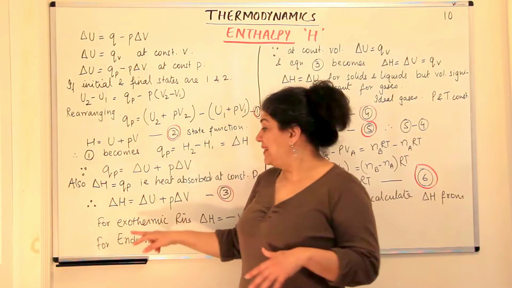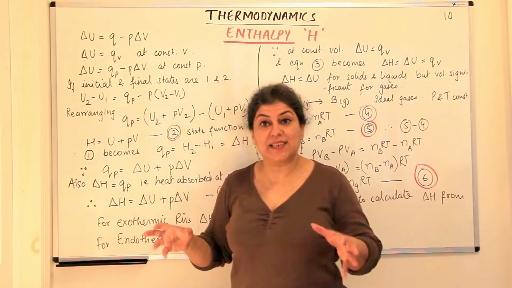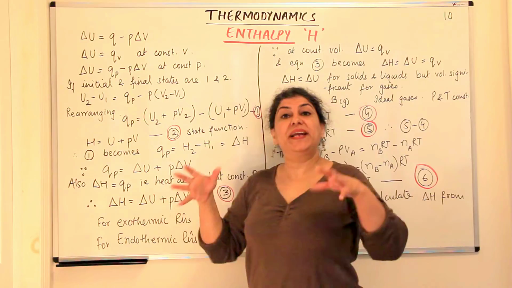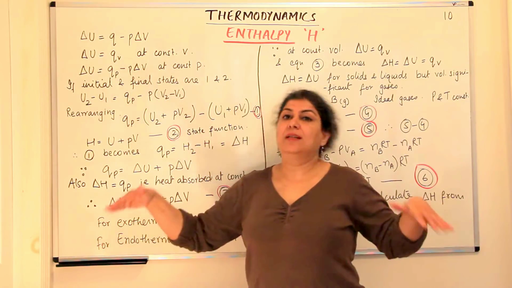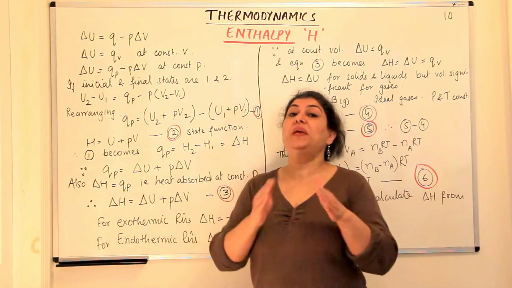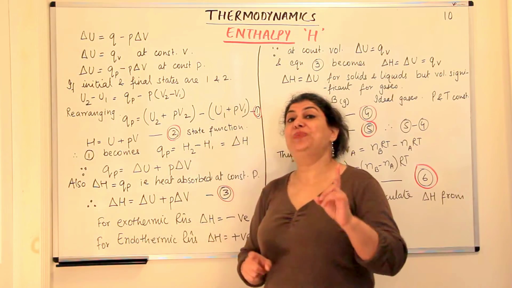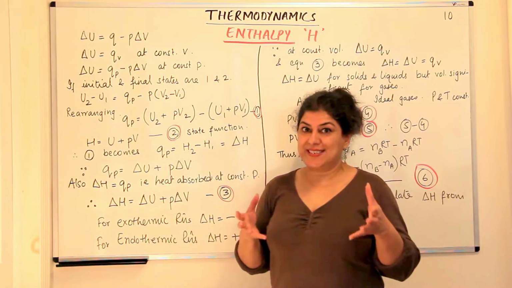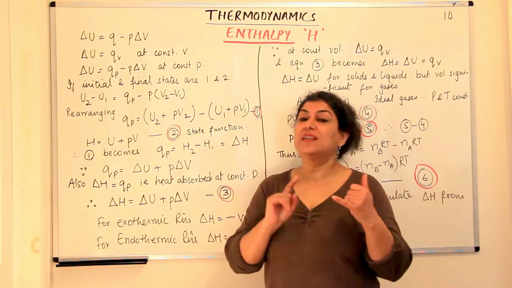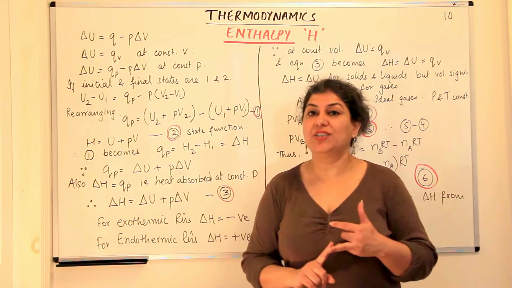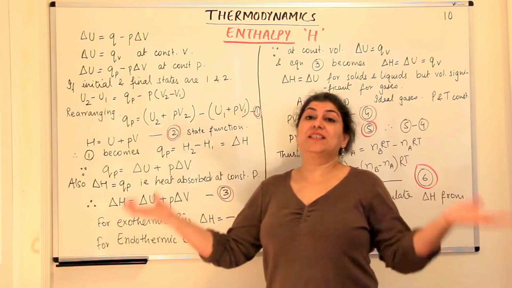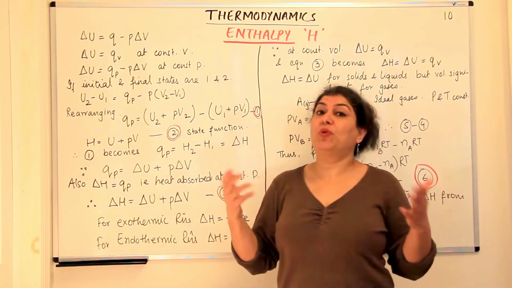So when we say that enthalpy is the heat content, then for any reaction where heat is being given out, the amount of heat is being lost by the system. Therefore, delta H should be negative. You remember we talked in terms of work, internal energy, and heat: if heat is absorbed, then Q is positive. Why?